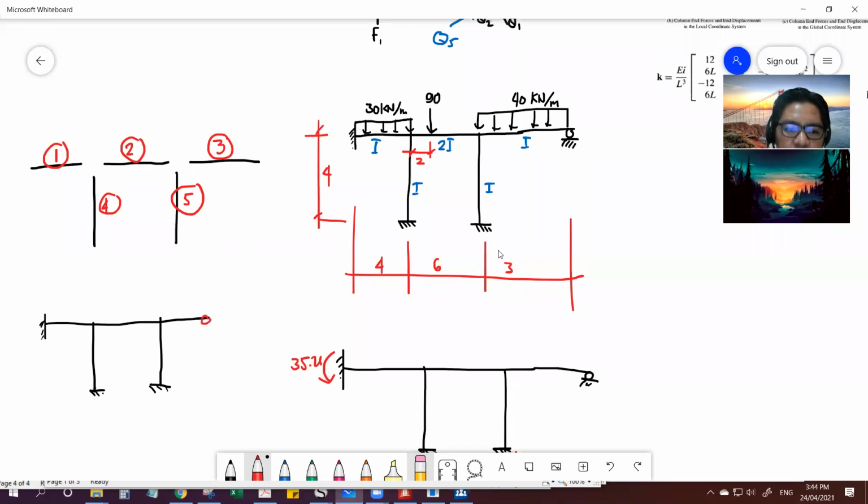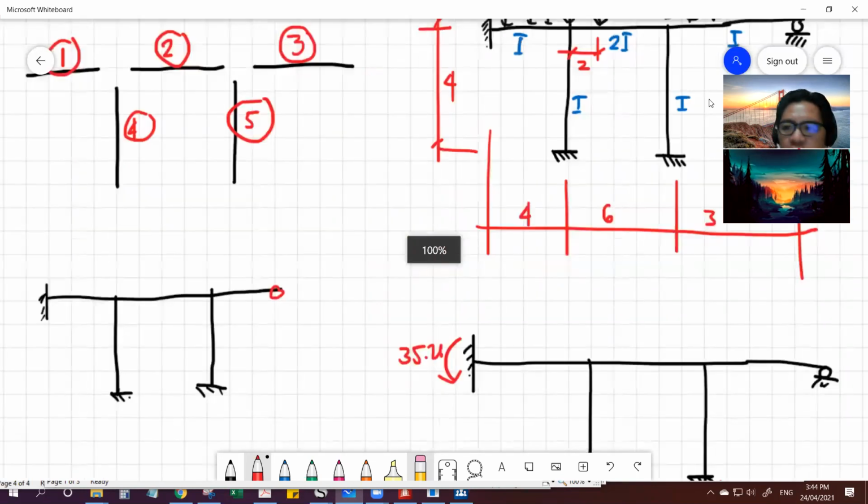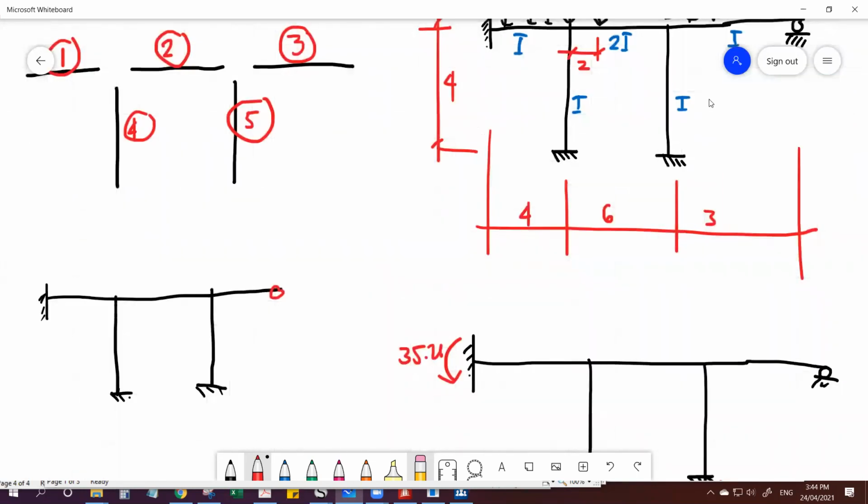Since it's non-sway due to the lateral restraint here, and since we have a downward load here, I can assume a curve something like this and something like this.